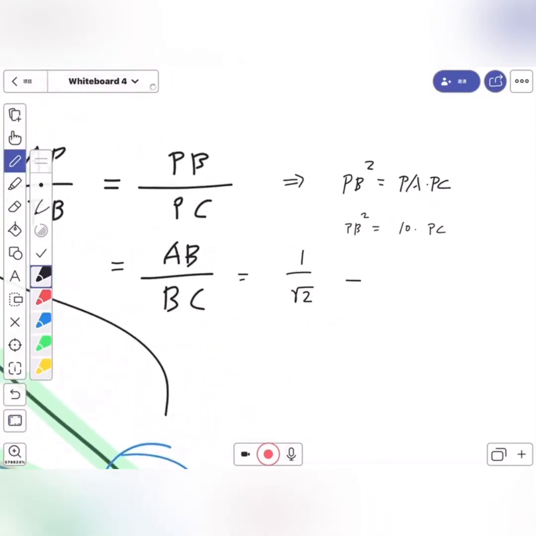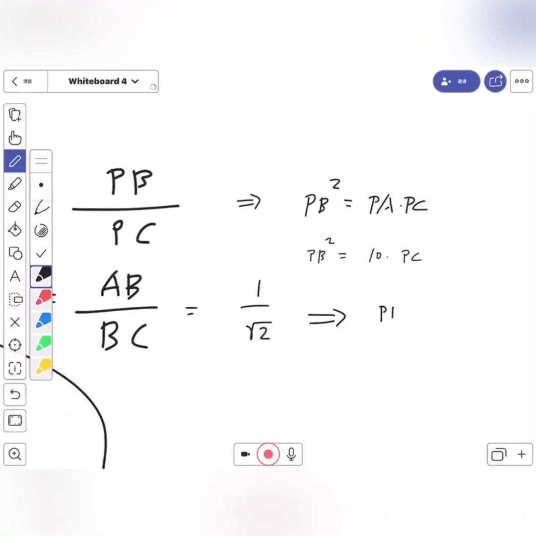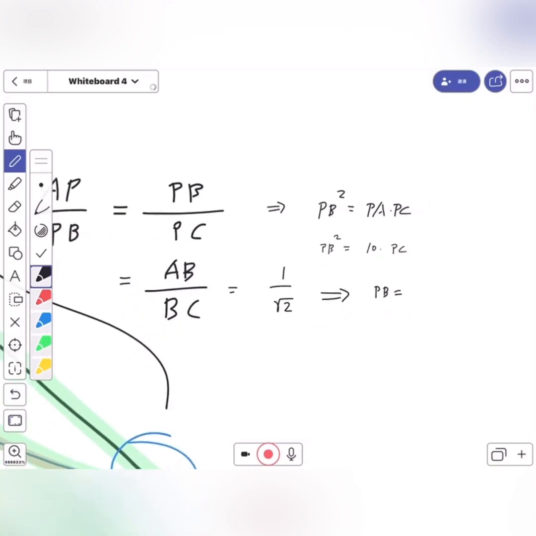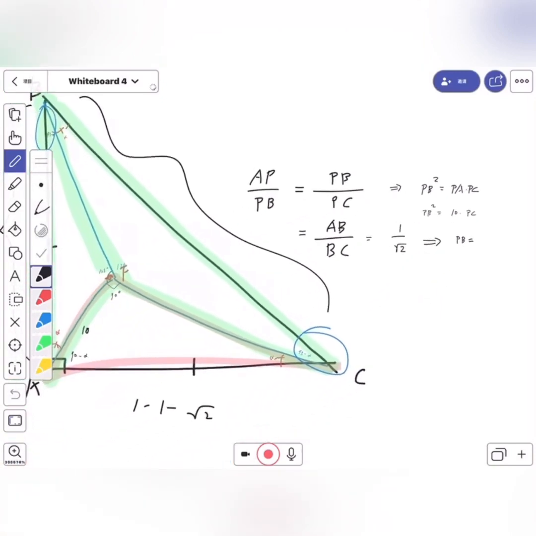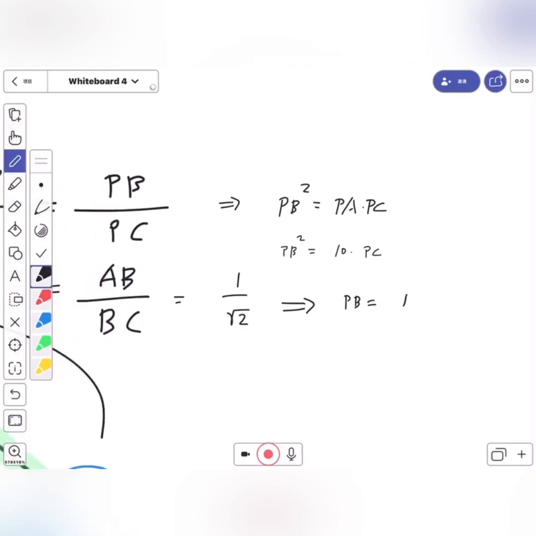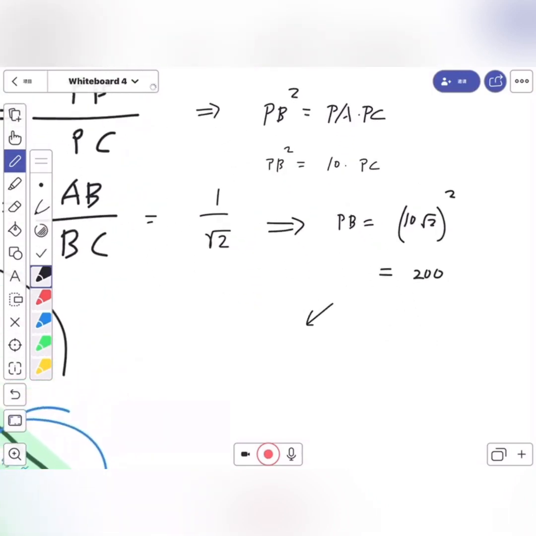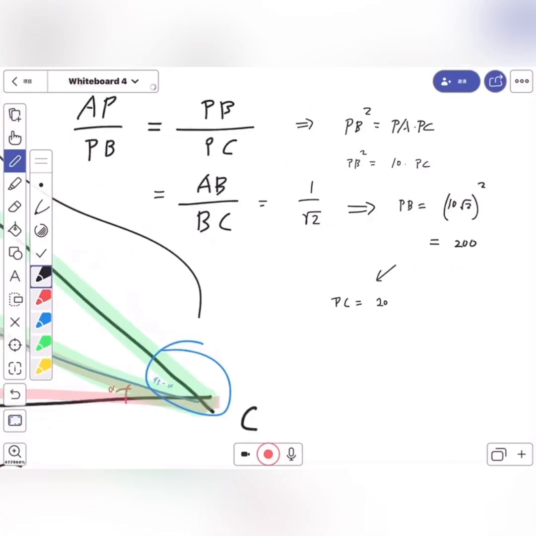So this just gives us PB is equal to 10 root 2 squared, which is equal to 200. So PC now becomes really trivial. PC is just equal to 20.